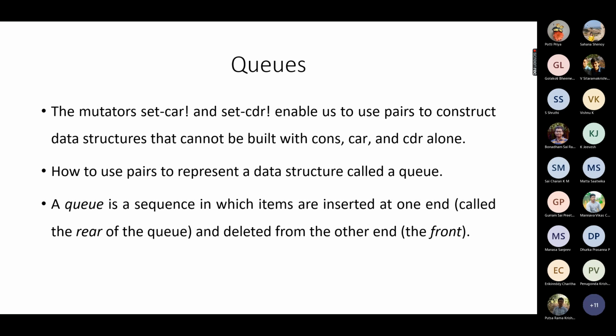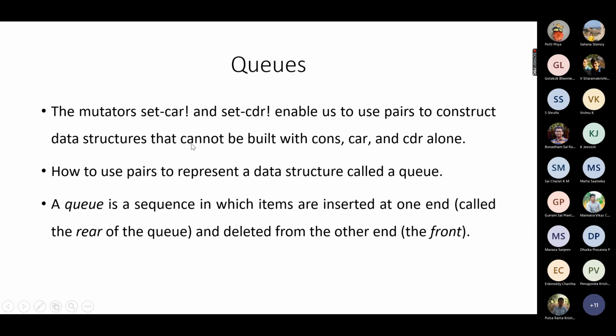Okay. So in your subject, they introduce the queue concept like this. There are mutators, setcar x and setcdr x, which are useful for constructing and modifying data structures, right? These are all mutators.